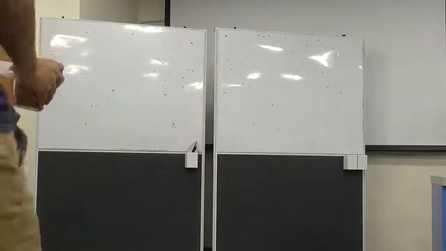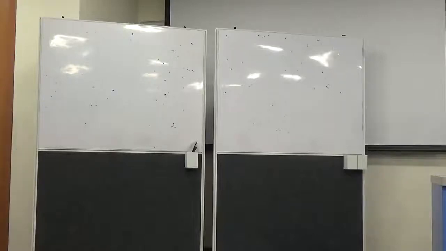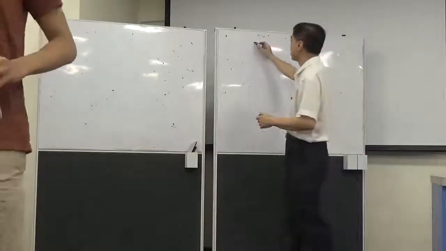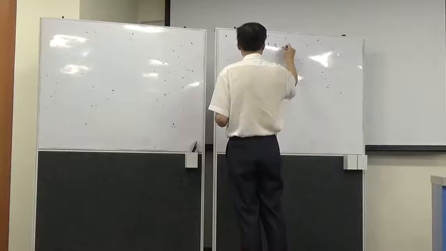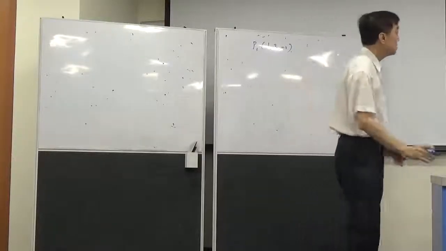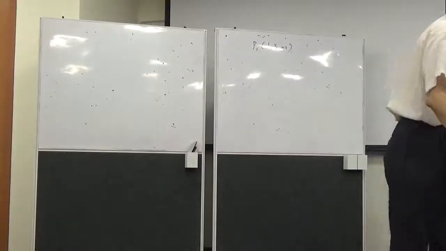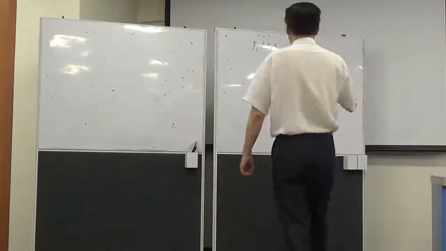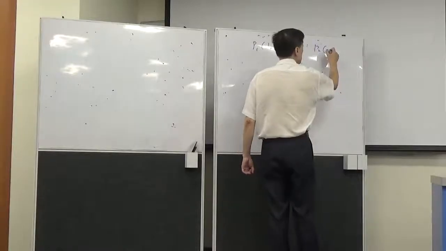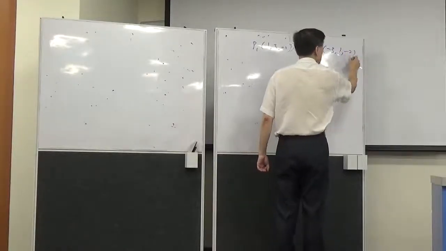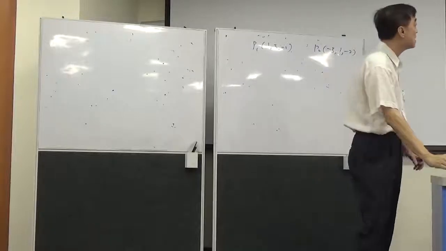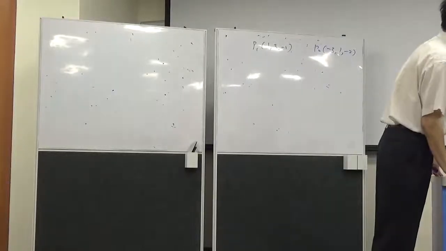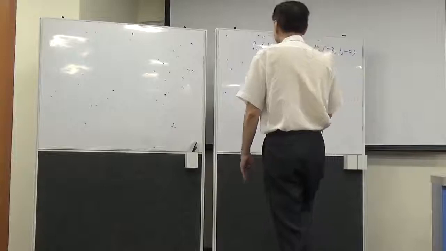Okay, how to find? P1 is (1, 3, -1). P2 is (-3, 1, -2). And P3 is (3, 1, -2).